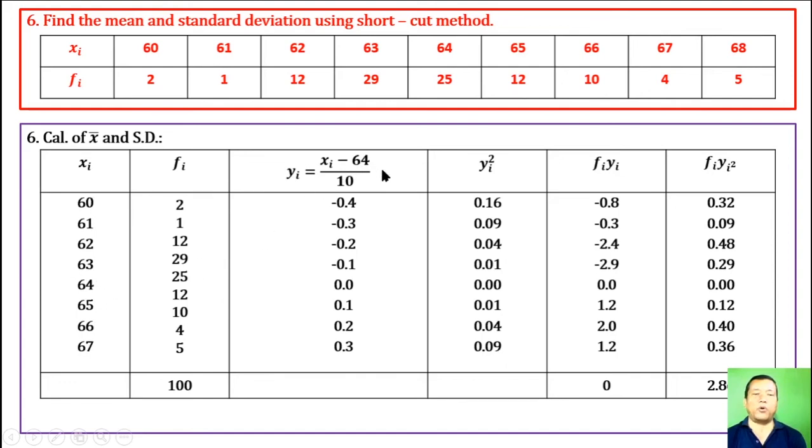We take 64, and h is an arbitrary number, we take 10. We find y1, y2, y3 using this formula, and find y square. Make the columns yi square and fi yi square, and sum these up, and this also.